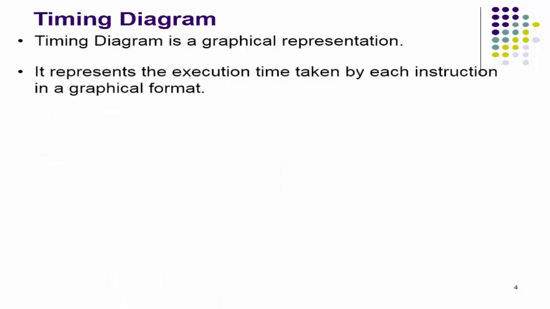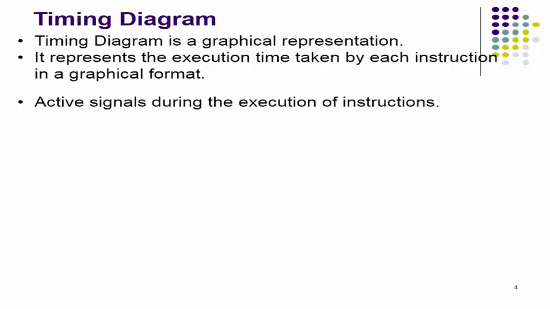So this is about the various operations observed in the 8085 microprocessor. Now we will move towards the timing diagram concept. What is a timing diagram? A timing diagram is a graphical representation. It represents the execution time taken by the instruction during execution in graphical format.